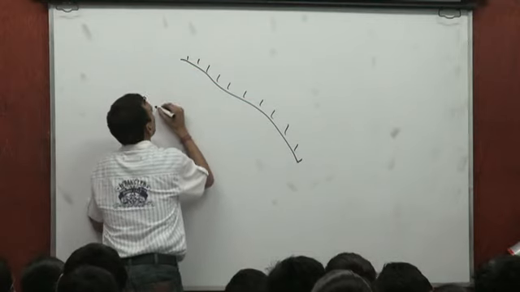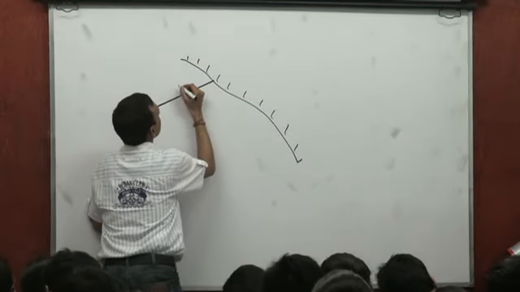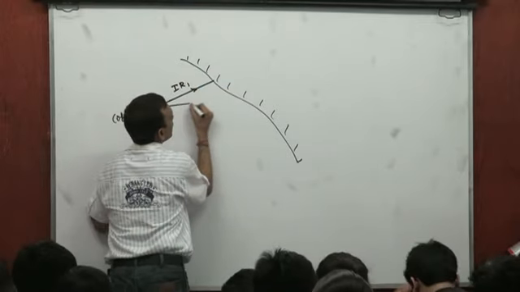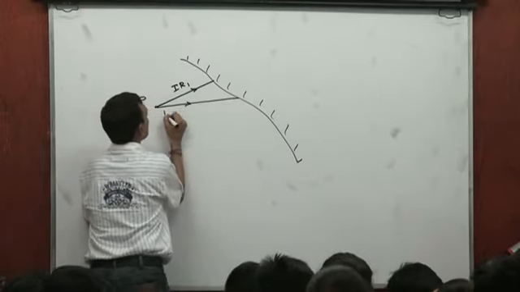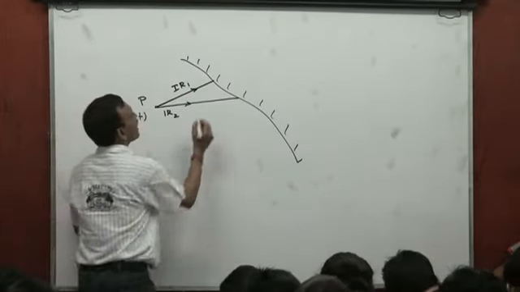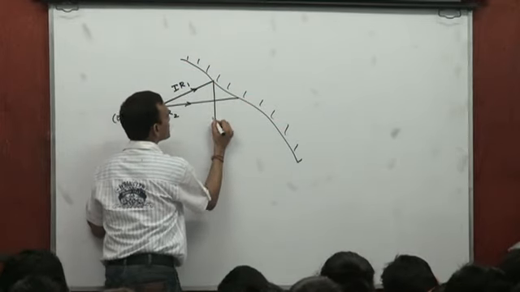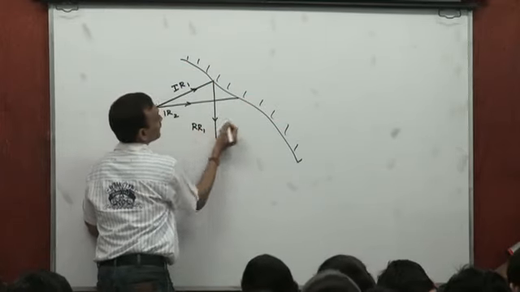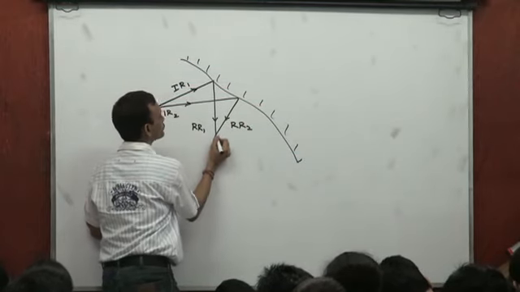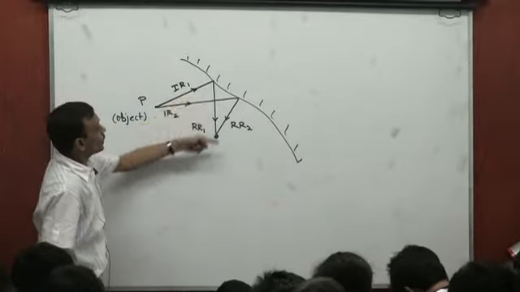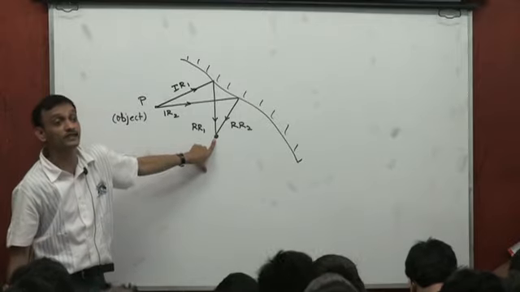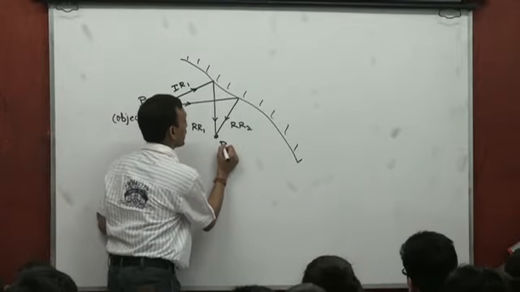So, if this is one incident ray, IR1, and this is another incident ray, let's say IR2, and after reflection, let's say this is reflected ray 1, and this is reflected ray 2, realize what the figure depicts is that the two rays after reflection are actually converging to a certain point P prime.